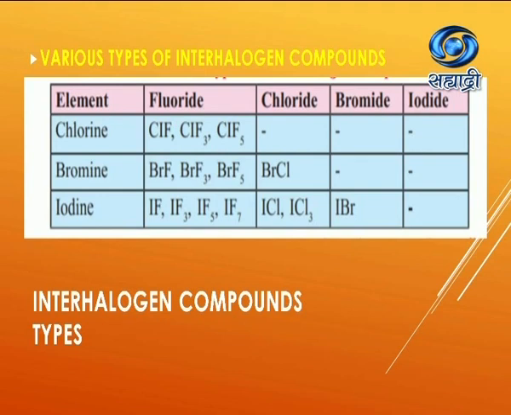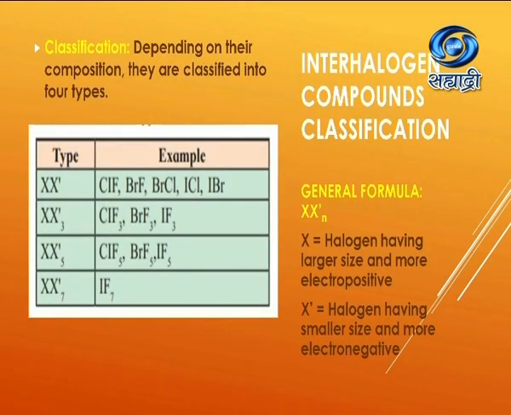Then the general formula of interhalogens is XX'. What is X? X is the halogen having larger size and more electropositive. As the size of the halogen increases, electropositive character increases or electronegative character decreases. And X' is the halogen having smaller size and more electronegativity.